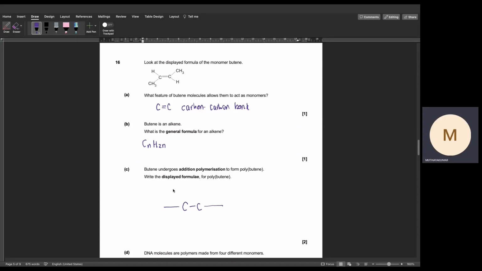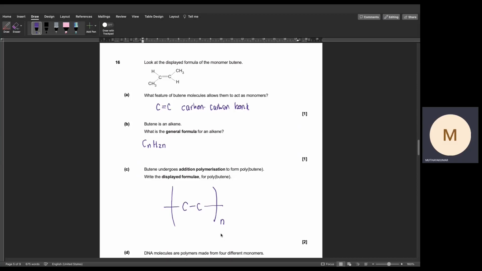We're going to draw the brackets, ensuring that the bonds that we've just drawn extend through those brackets. We're going to write an N.